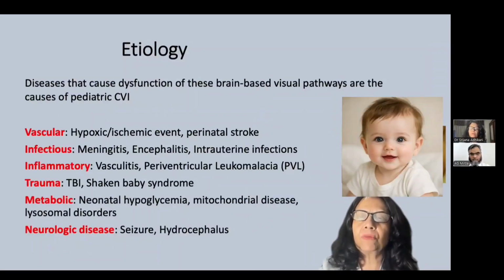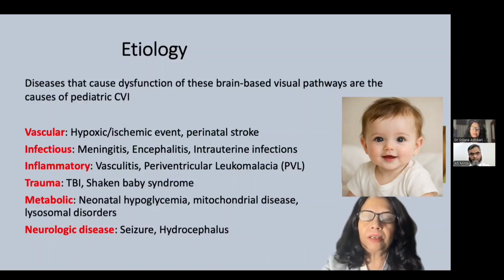So, etiology. What are the conditions that cause these visual integration or visual pathways to have impaired function? These are the conditions or dysfunctions of the brain-based visual pathways that may cause CVI, like vascular, for example hypoxic or ischemic events and perinatal stroke. For example, if delayed crying occurs, or seizure disorders, there is a hypoxic event in the brain that causes damage to the visual cortex.